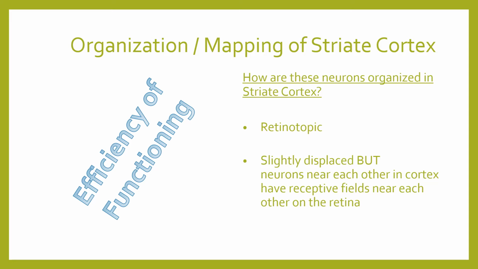Well, first of all, we have a retinotopic mapping. If you remember, we saw this at the retina, obviously, because it's in the name, but we also saw this at the lateral geniculate nucleus, and we're seeing it at the visual cortex.